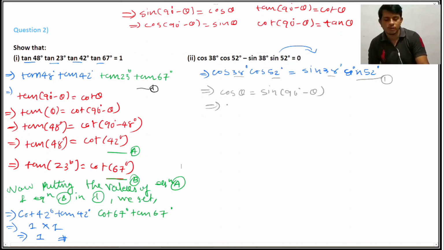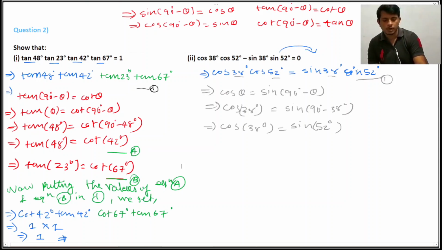So we put the value here: cos 38 degree is equal to sin (90 minus 38) degree. And we already know that 90 minus 38 degree is 52 degree. So we can write it as cos 38 degree is equal to sin 52 degree. That's it. Now name this equation as equation A.